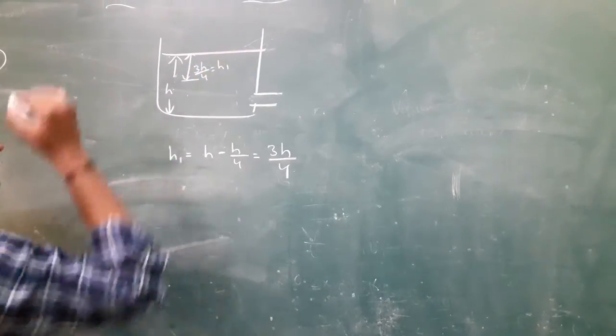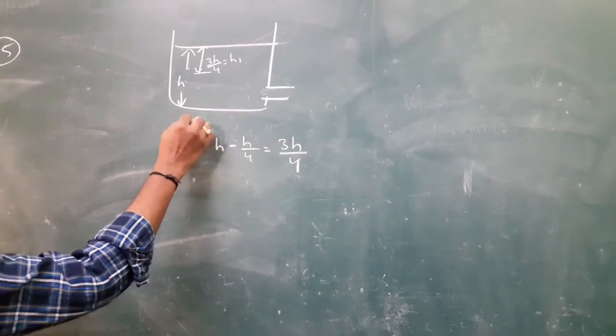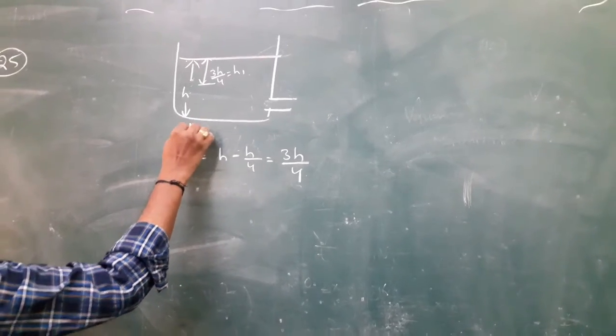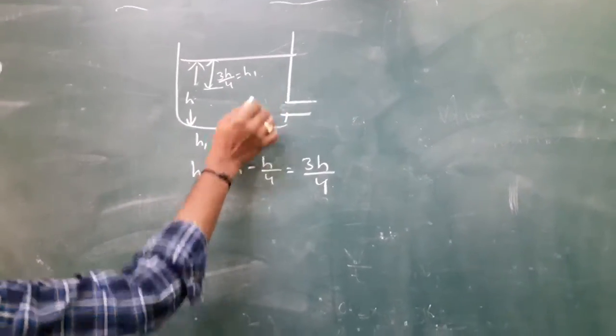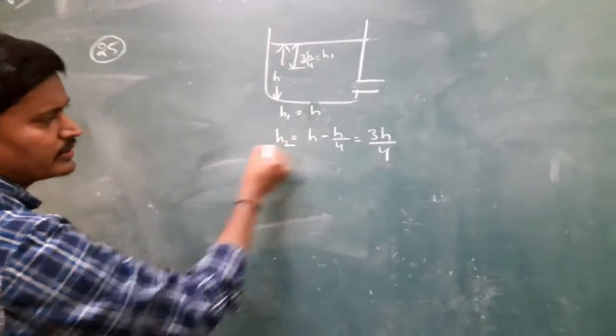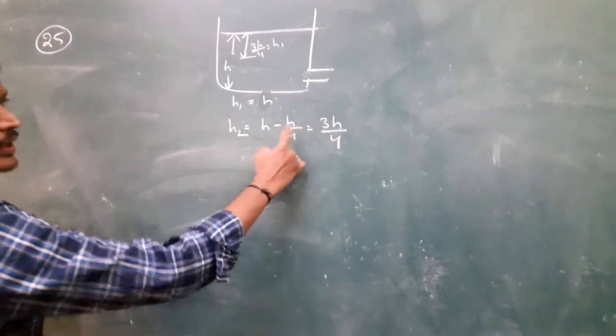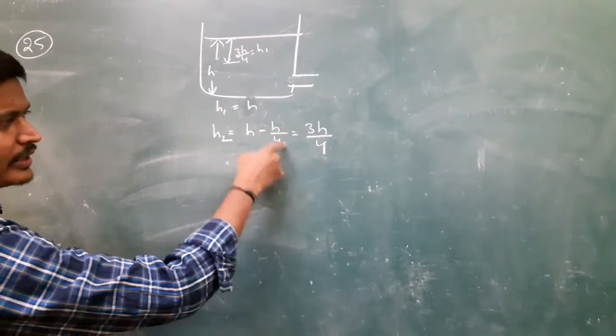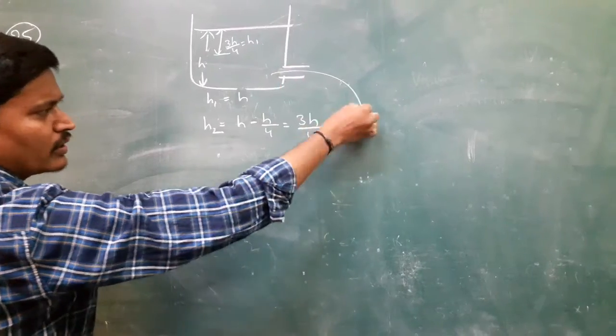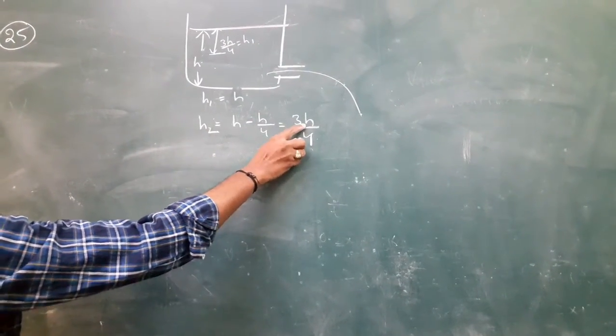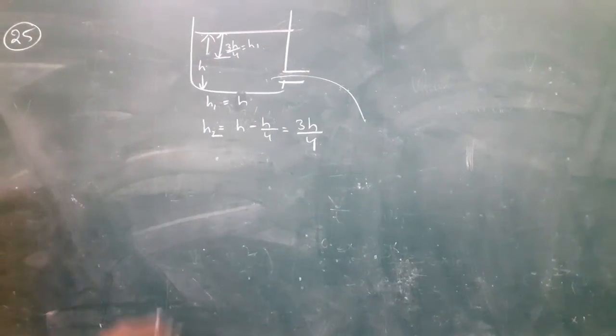This is the first one. Initially H1 is equal to H. Actually, the second height is H minus H by 4. Empty means it is going out, so the remaining height is 3H by 4.